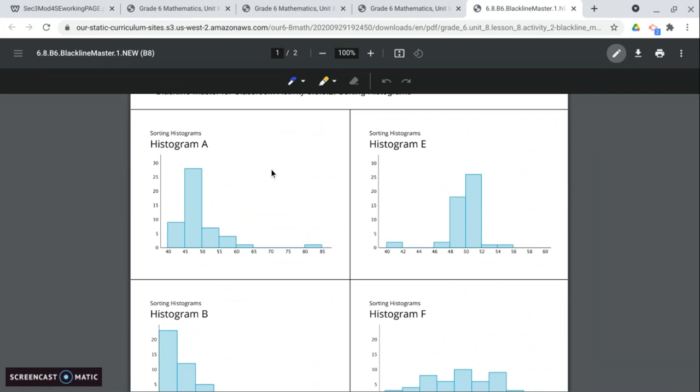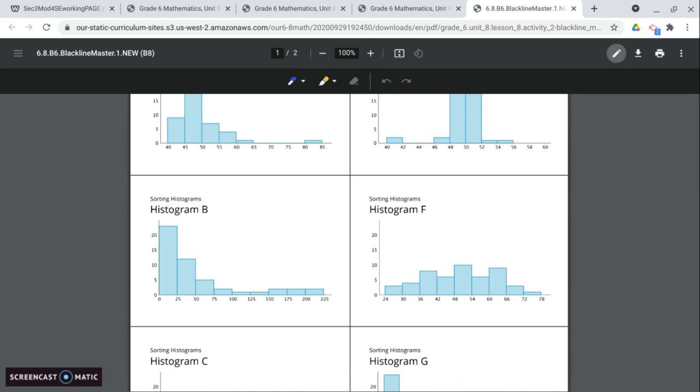Symmetrical means that they are evenly distributed. The symmetrical ones typically don't have any gaps.